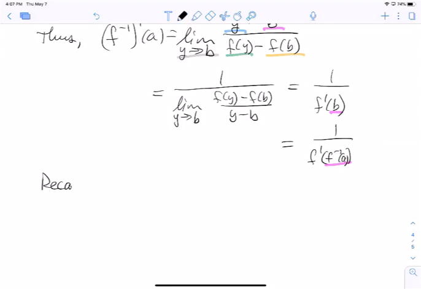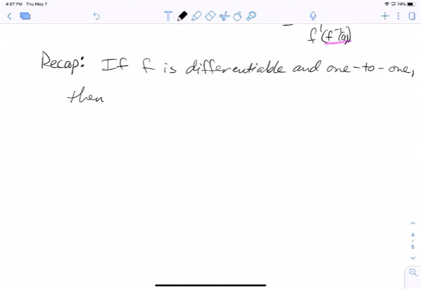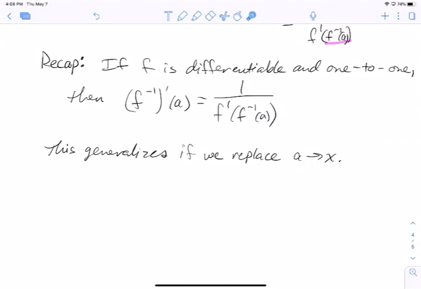So to summarize or recap, if f is differentiable and one-to-one, then f inverse prime of a is equal to 1 over f prime of f inverse of a. So we've got a derivative of an inverse, and it turns out to be the reciprocal of the derivative evaluated at f inverse of a. And this generalizes if we replace a by x, and then instead of a number, we would have a function.